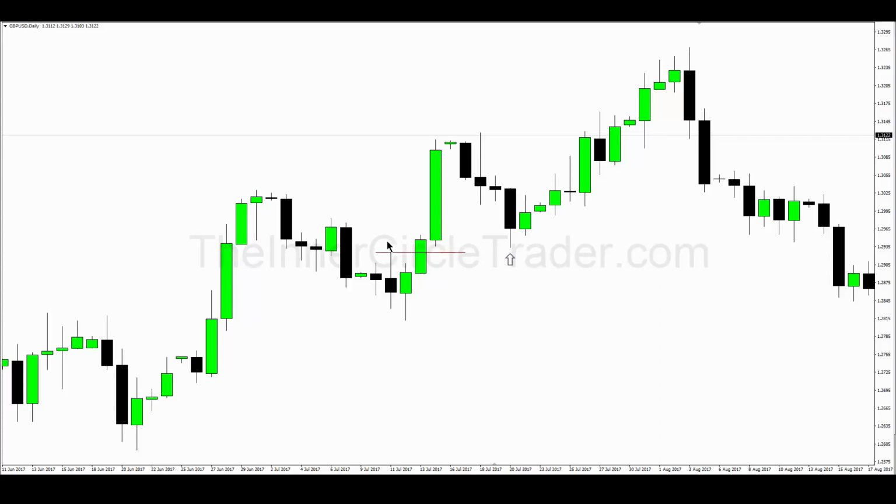We have a short-term high here, lower high to the left, lower high to the right, highest high in the middle. It breaks that.